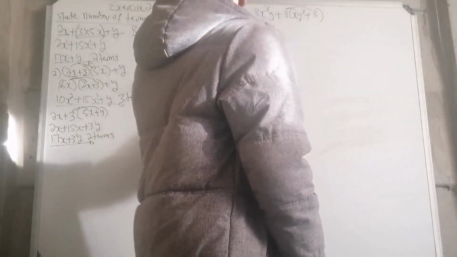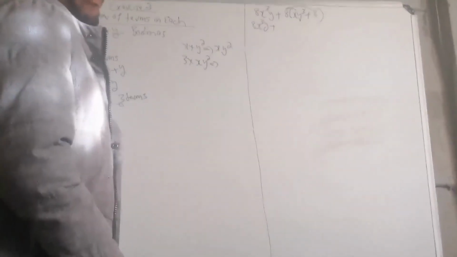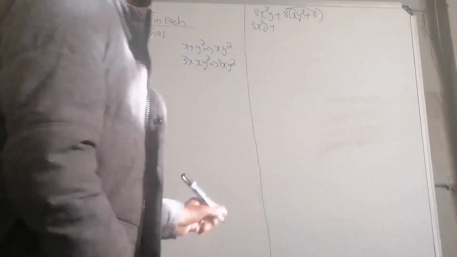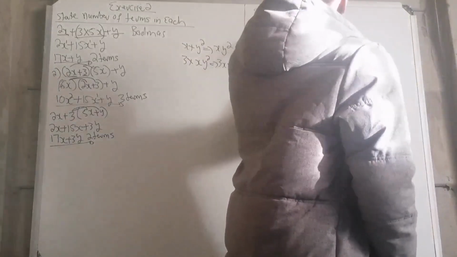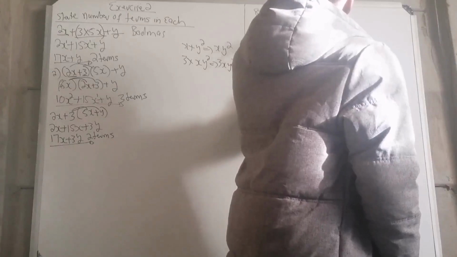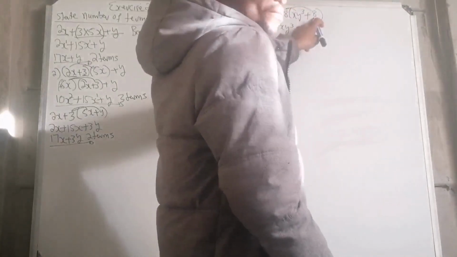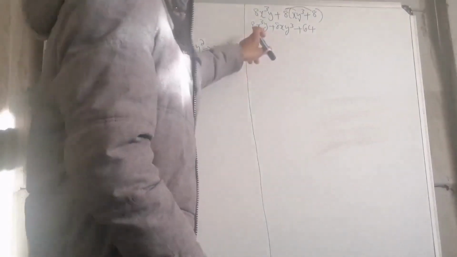What is 3 multiplied by xy squared? 3xy squared. Now, what is 8 multiplied by xy cube? 8xy cube. Okay? Right. Positive multiplied by a positive is a positive. Then 8 multiplied by 8, 64.